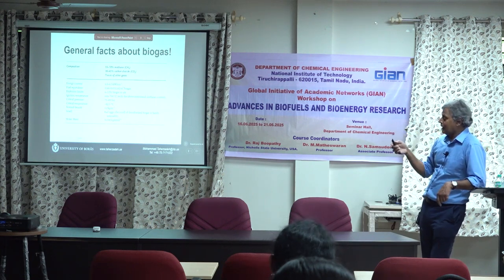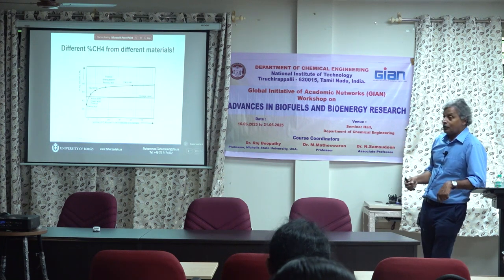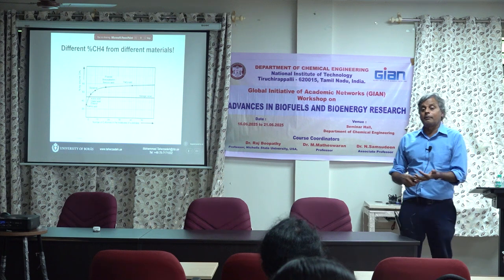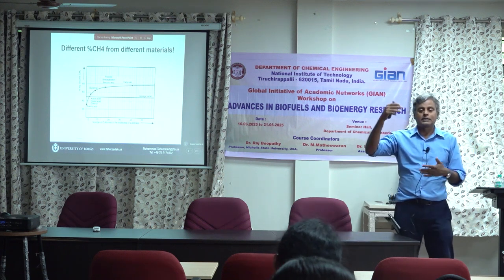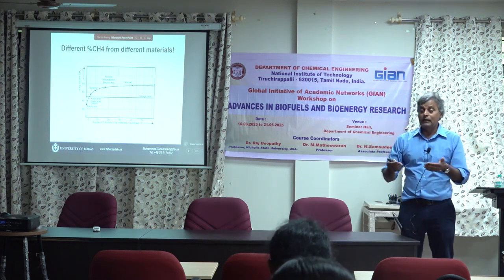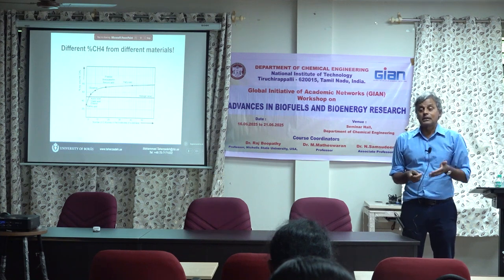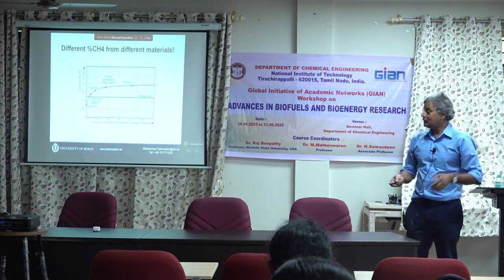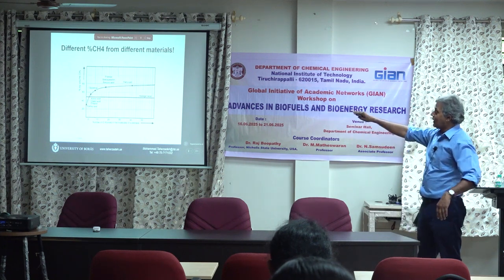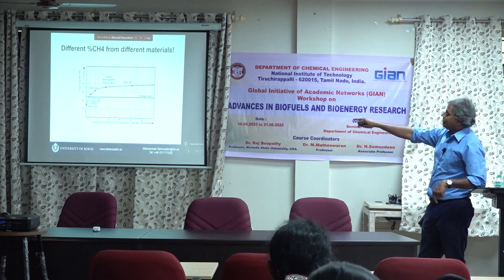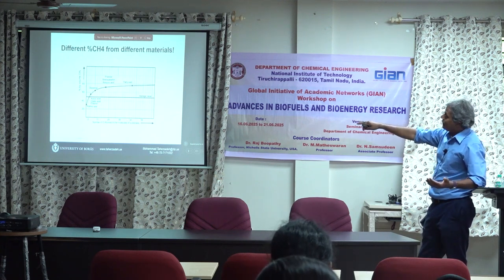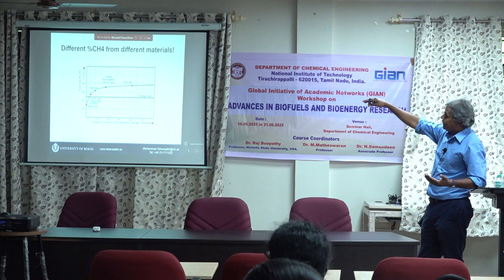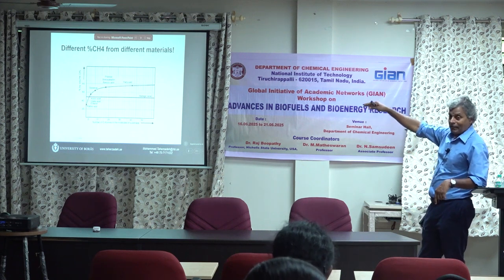So, some properties of biogas. Depending on the substrate, whether it's a C1 compound, C2 compound, all the way to C6 aromatic compounds, your methane composition increases. The more carbon chain you have, the higher the methane percentage in your gas. The average methane is around 50%, but formic acid has only one carbon, and acetic acid and other acids give a low methane component.